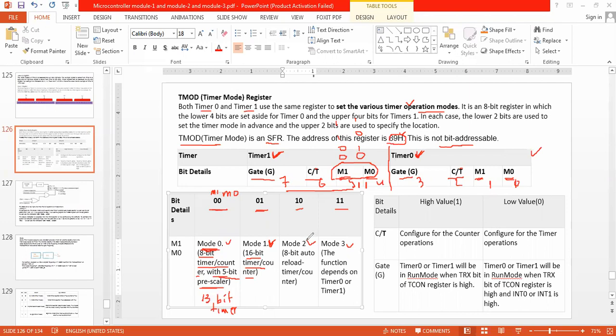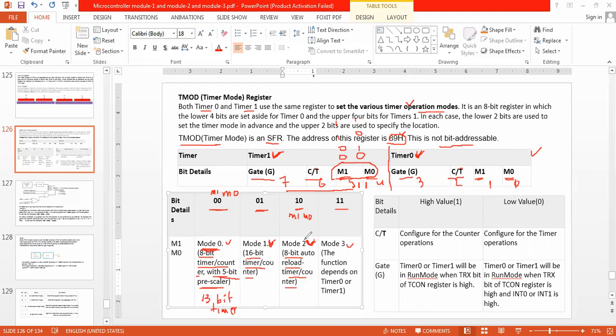Then mode 2 operation, whenever M1 and M0 are 1, 0, a mode 2 operation will be activated, and mode 2 operation is an 8-bit auto reload timer or counter.